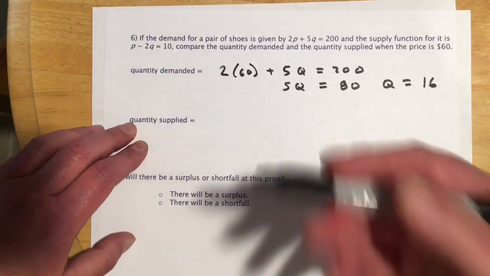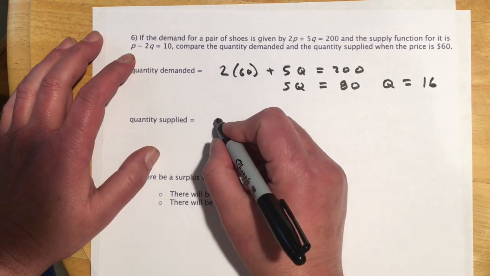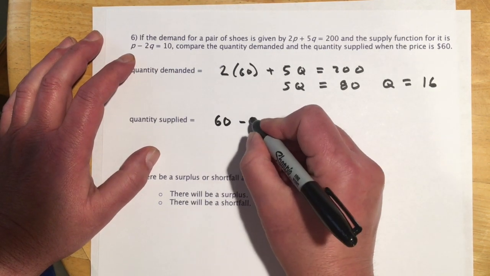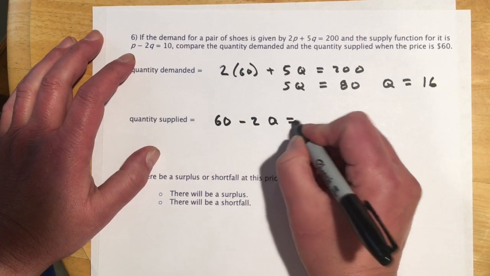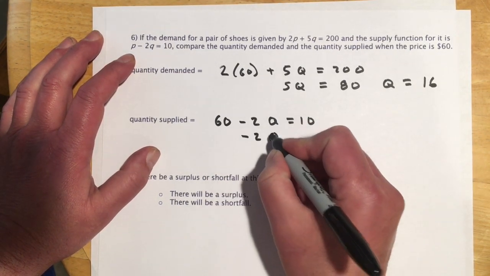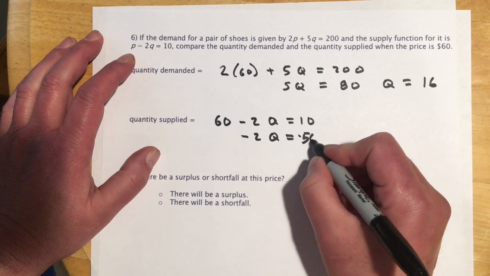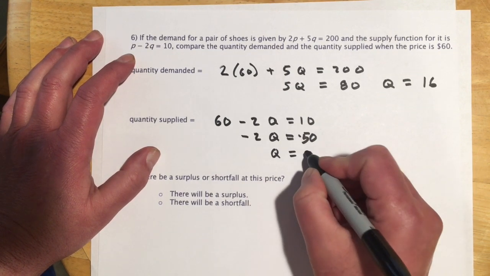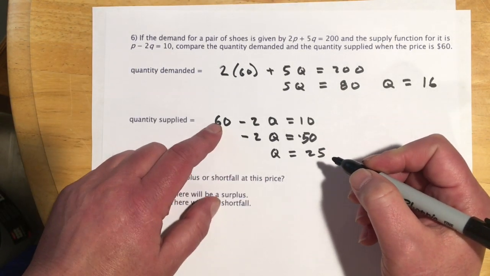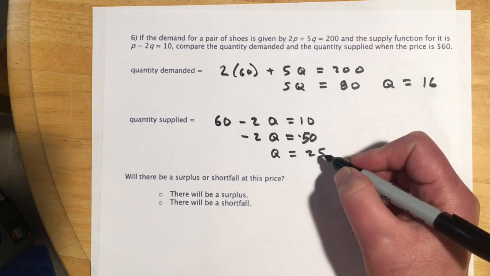How many are they willing to make is the supply. So that's the second equation. And so if the price is 60, how many of these things are they willing to produce? So subtract the 60 over, negative 2Q equals negative 50, and then Q equals 25. So at $60 a pair, they're willing to produce 25 pair.